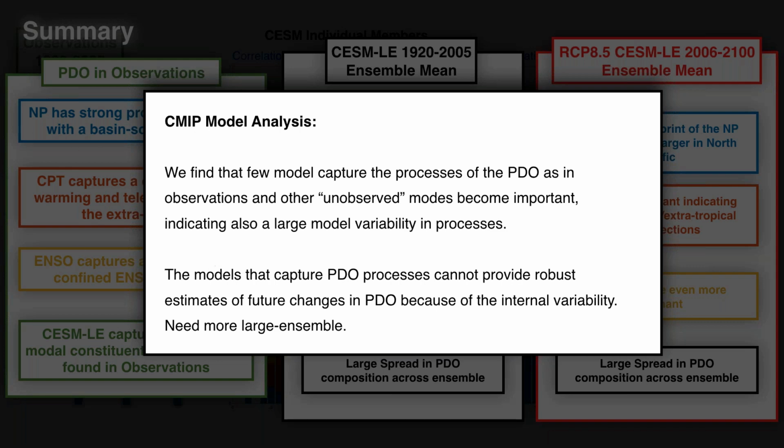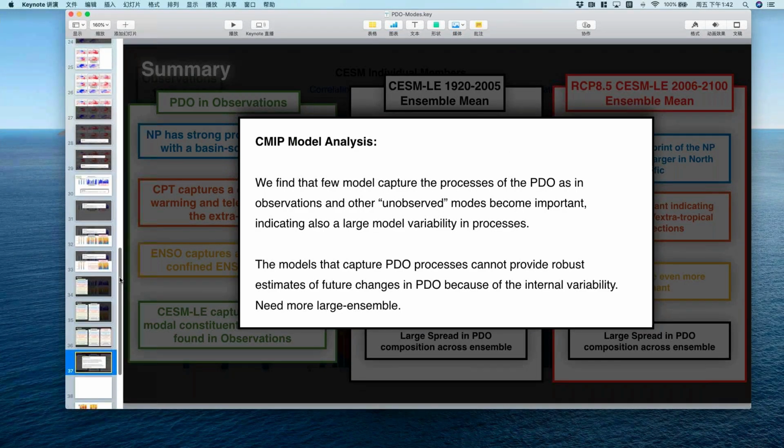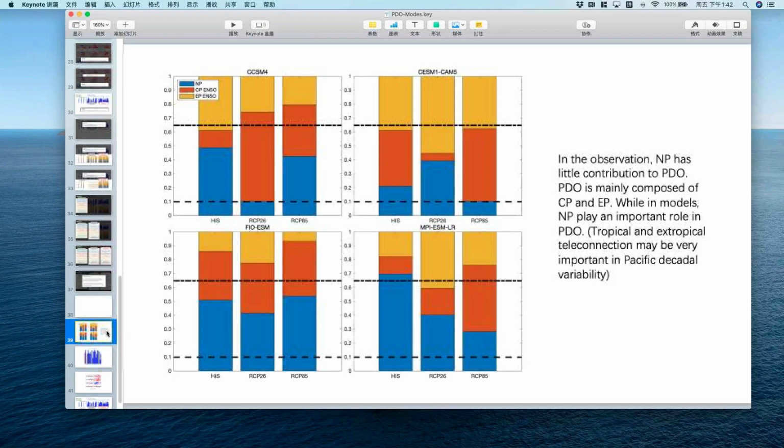Thank you. I just wanted to make one comment about the statement that the CMIP models cannot provide a robust estimate of future changes in PDO. I think what we mean here is that Sheng has done the same type of analysis on an ensemble of different CMIP models, but we only have, in this case, one realization of each of the CMIP models.